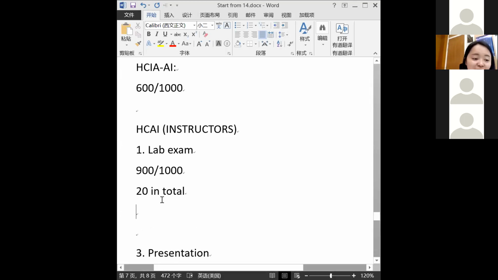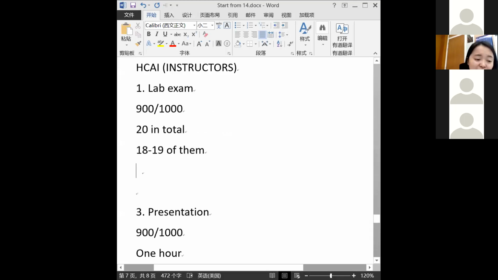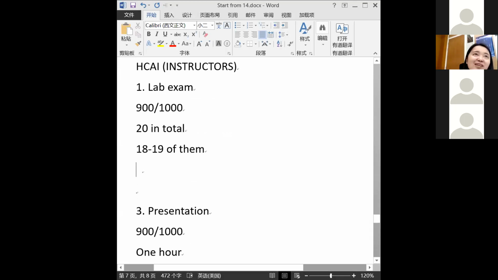Maybe 18 or 19 of them are very simple questions, like using TensorFlow to define two constants and do multiplication and check the value of the output, and questions like that.